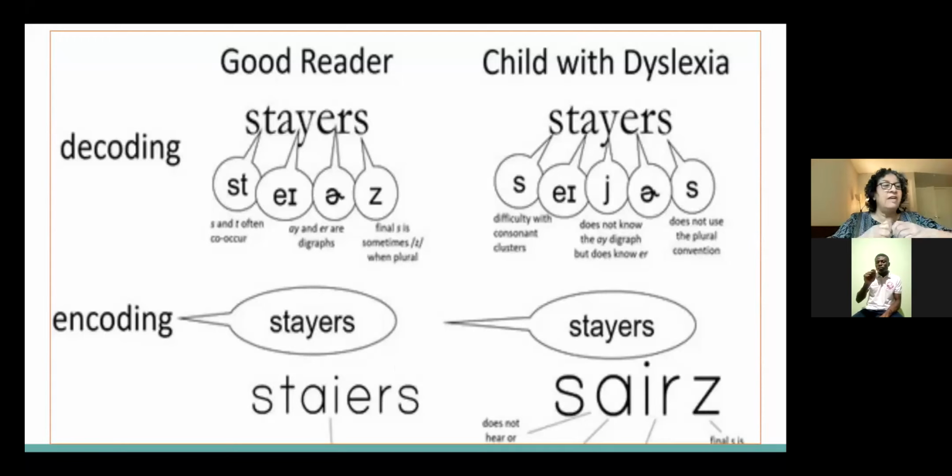Again, we will be using these blocks to represent each sound. This is called orthographic phonemic mapping. We use these blocks, or I can display it with coins. All these coins or blocks we can use, airs.